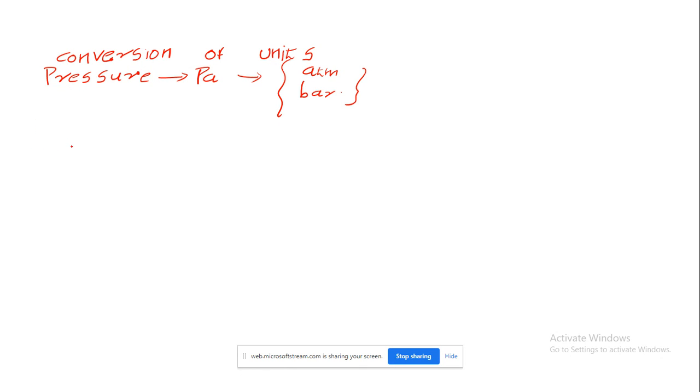Okay, so here it is. To convert atmosphere to Pascal, we have to multiply by 1.03125 into 10 raised to 5.